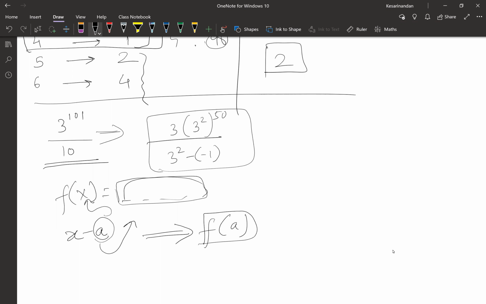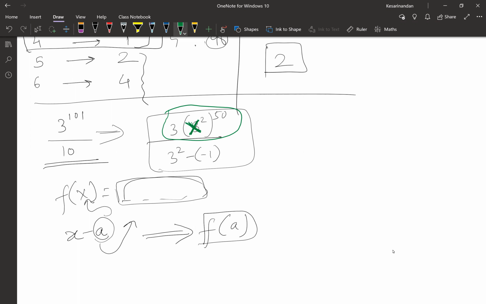Where should I keep the minus? See, then the remainder will be 1. We have to put this -1 in this part, right? Instead of this x, we'll put -1 here because this is our polynomial. Okay. Yeah, I got it.